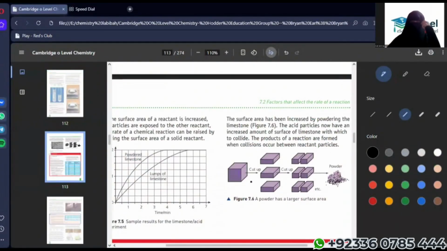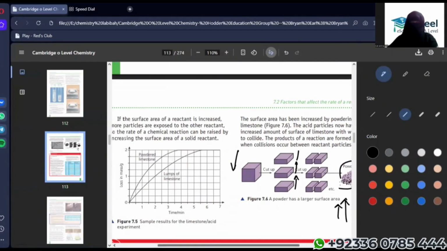As you can see, blocks of solid reactants decrease the surface area. But if you cut it up, slowly the surface area increases. Eventually, if you powder it, the surface area increases to the highest point.